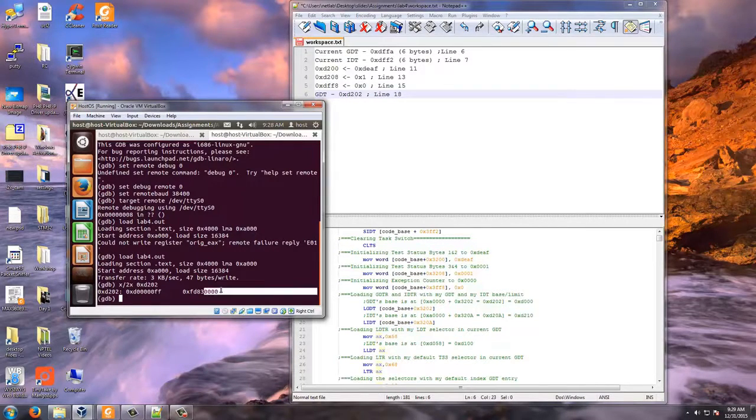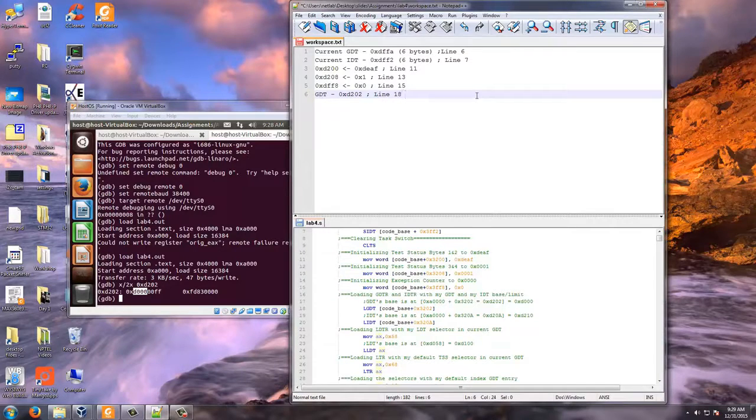So the remaining 4 bits are 0 here, 0000 D1000, 00FF is the limit. So this shows that GDT starts at 0x D1000 with limit 0xFF.